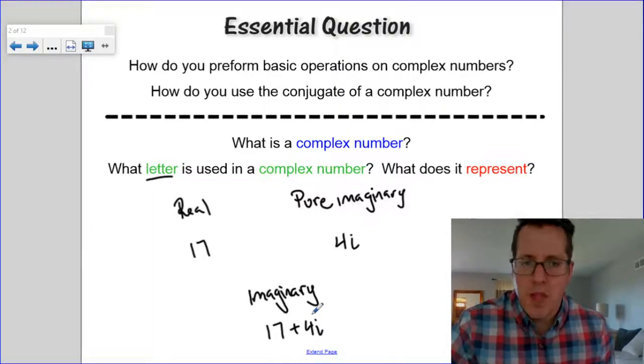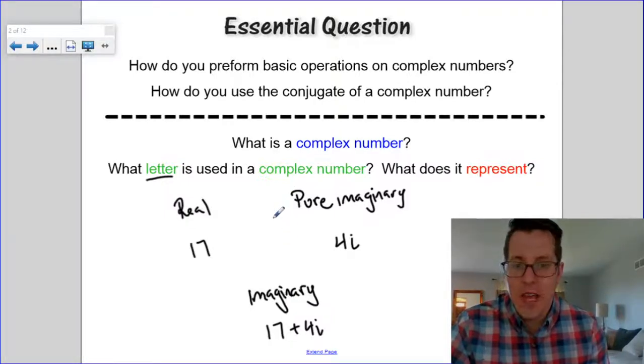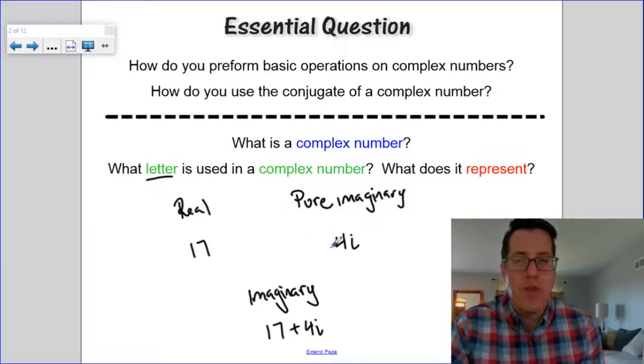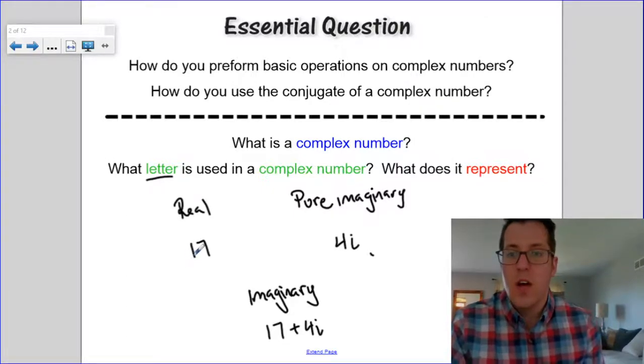Now, this is something that's often confusing to students. A complex number is any of these. So, it's not like a Venn diagram that anything with an i is a complex number and anything that doesn't have an i is not. All of these are complex numbers.